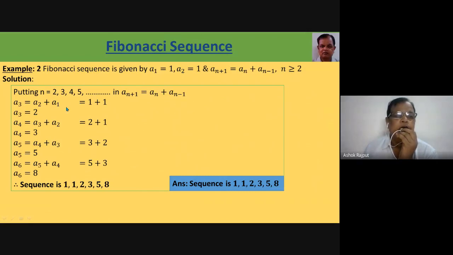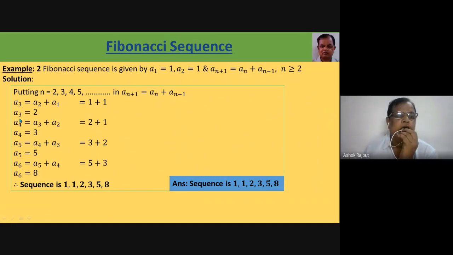When we put 2 in place of n, it will be a3, and n minus 1 is a1. So a3 = a2 + a1 = 1 + 1 = 2, as already defined, because a1 = 1 and a2 = 1.